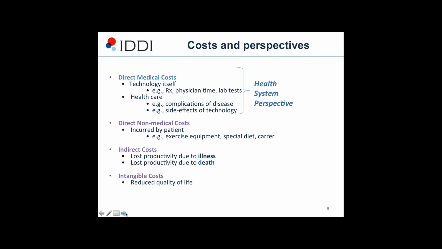Now, the point I'd like to make here is what's really being highlighted here is that when we do economic evaluations, traditionally, payers are interested in what we call the health system perspective. They're interested in the cost effectiveness and the cost to their budget. However, there is a broader perspective we can take here, the so-called societal perspective, that also captures these other costs.